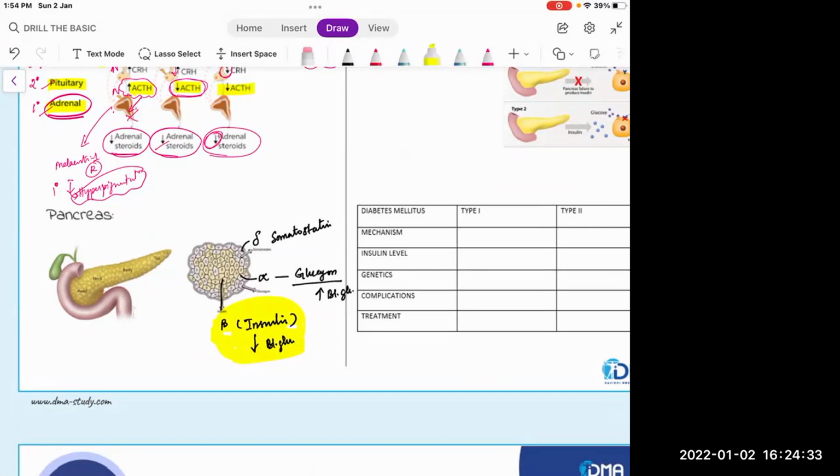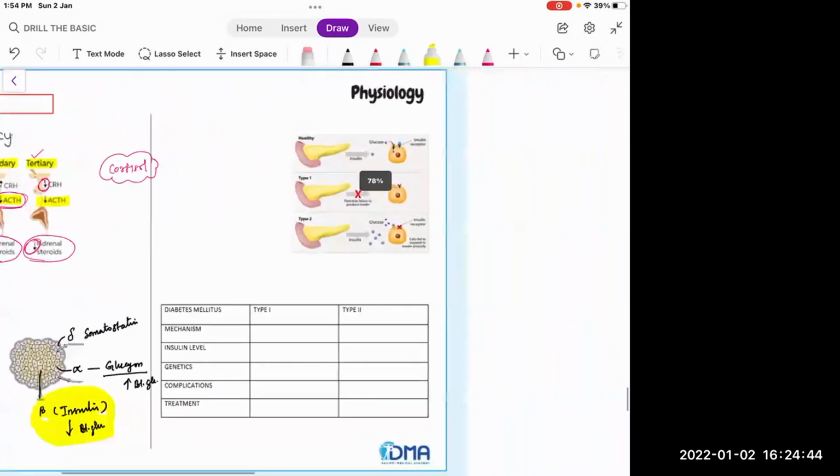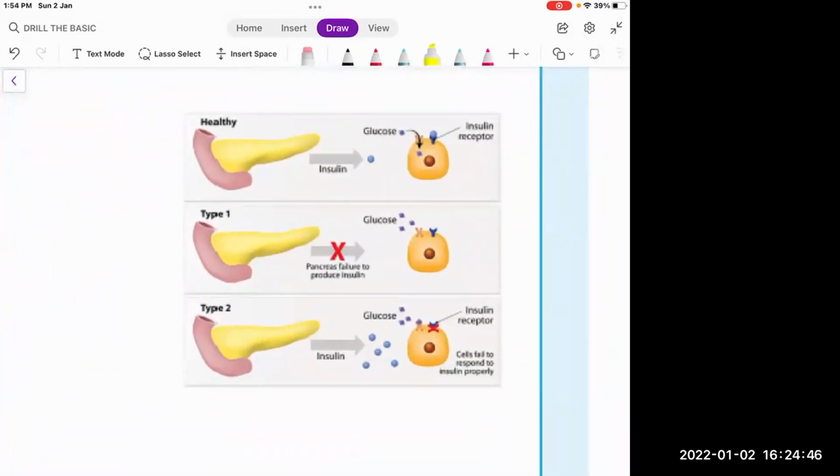So insulin is the only one with an anti-diabetogenic effect, whereas the others have a diabetogenic effect. Remember this always. When there is a deficiency or decreased production of insulin, that results in the condition called diabetes mellitus.